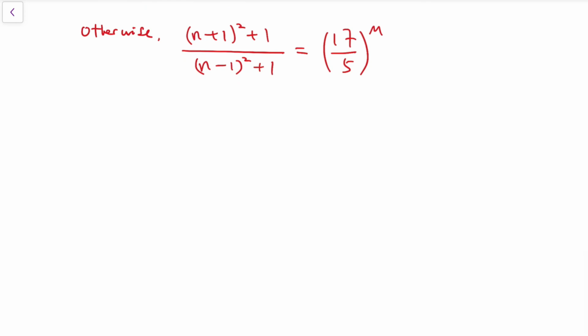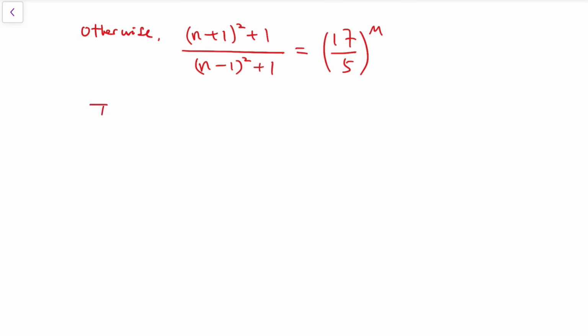Notice that the fraction at the left side is actually not that large, as the numerator is not really that much larger than the denominator, while for the right side we're having an integer power of 17 over 5, and that's 3.4, so it can grow really quickly. That means I can establish some bound on the fraction at the left and try to reduce the number of possibilities for n.